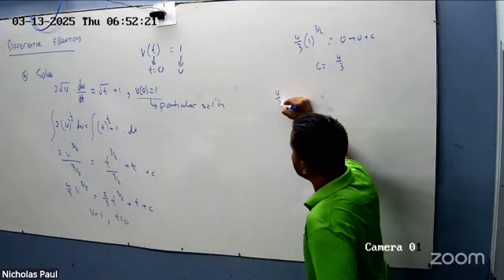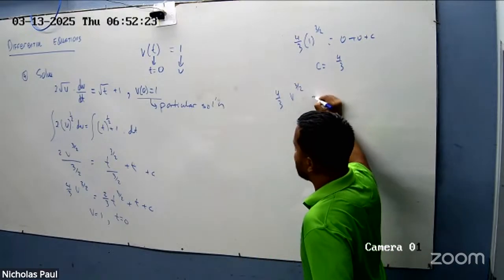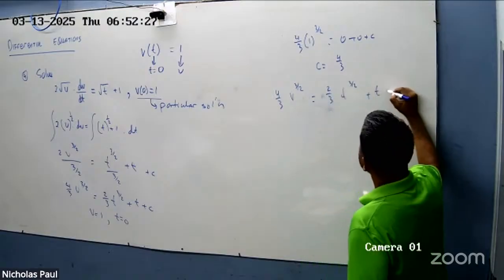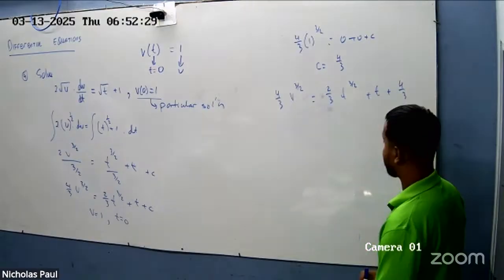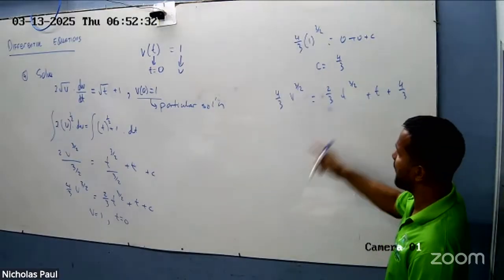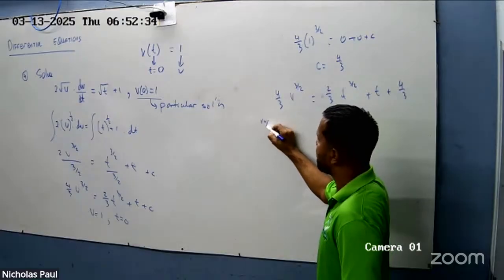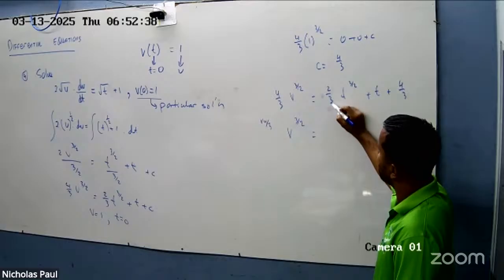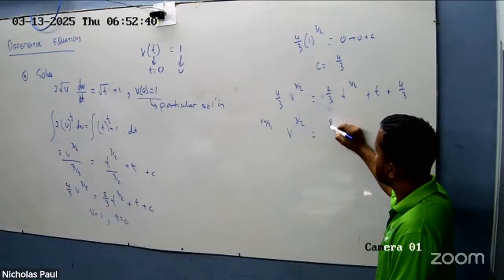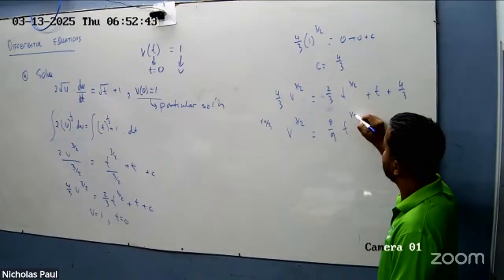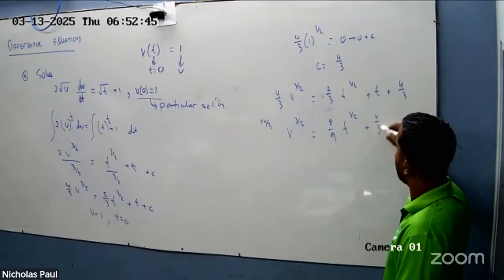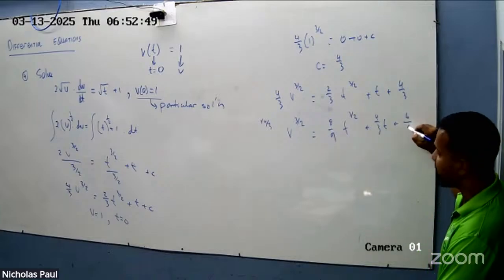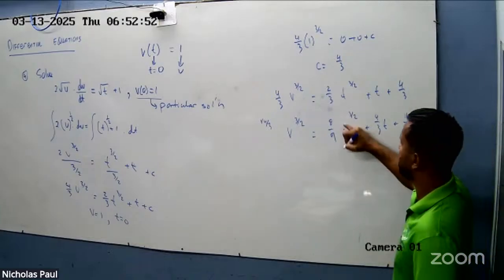So I get 4/3 v^(3/2) is equal to 2/3 t^(3/2) plus t plus 4/3. When you reach here, you can multiply every single thing by 3/4. You will get v^(3/2) is equal to 1/2 t^(3/2) plus 3/4 t plus 1.